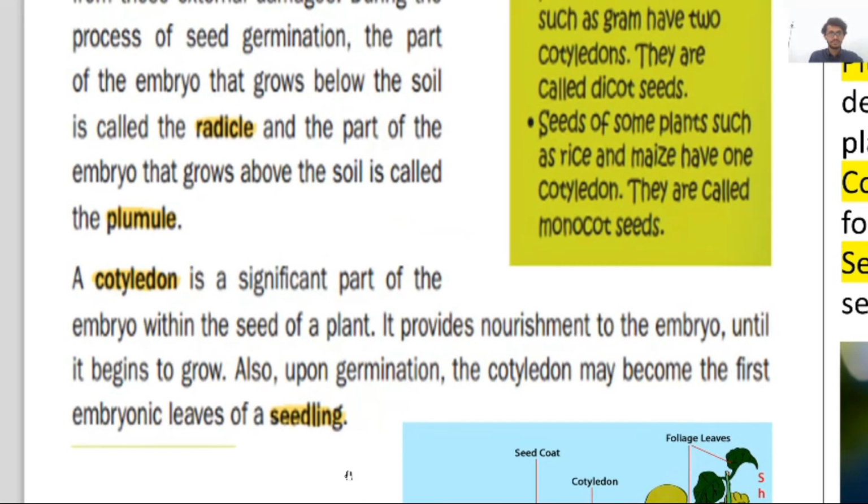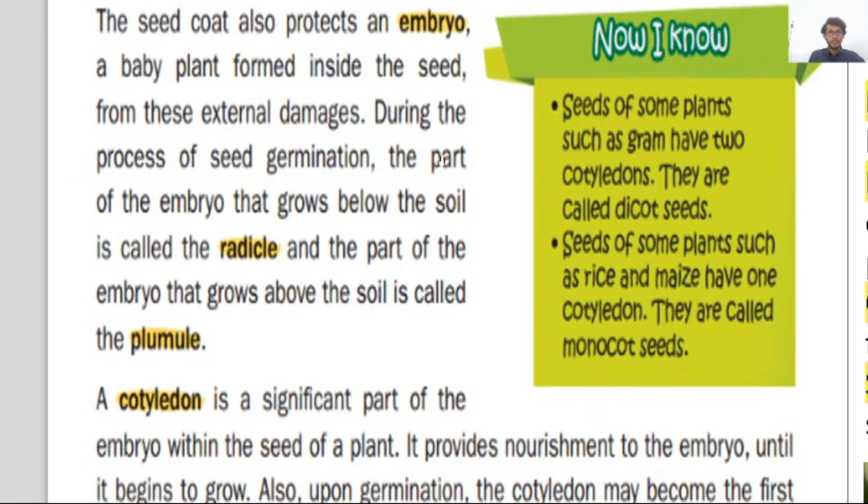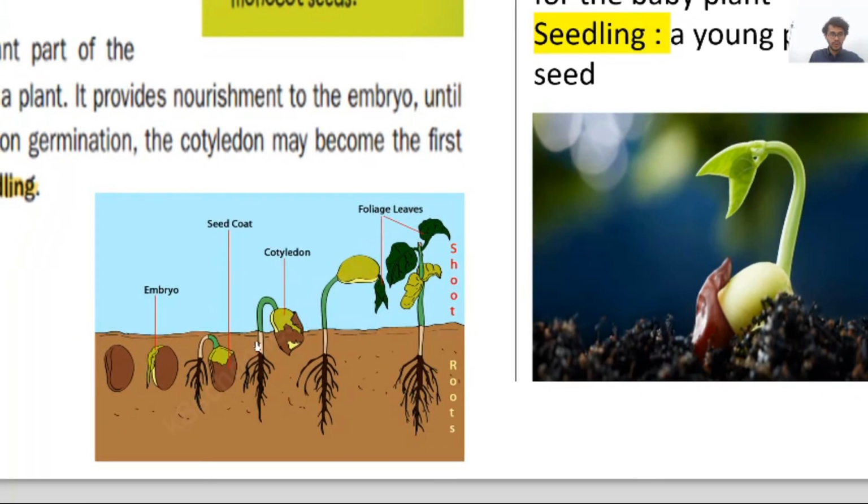And the part of the embryo that grows above the soil is called the plumule. You see, this part is the radicle, right? This part that is growing above the soil is called the plumule.